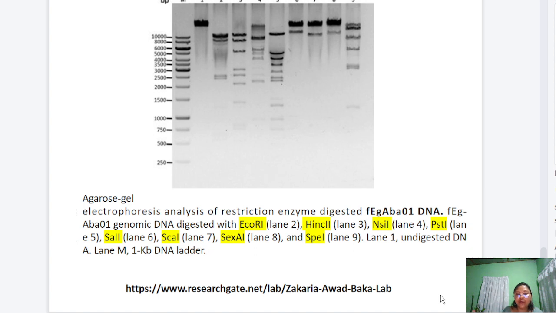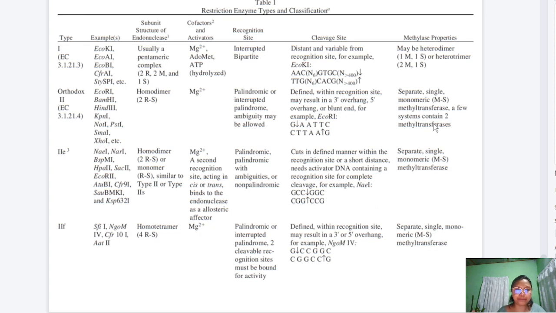Okay, so basically the same DNA is digested by different restriction enzymes, and this is how the bands will be seen. The DNA will be fragmented, and it will produce a different profile if we use a different restriction enzyme.